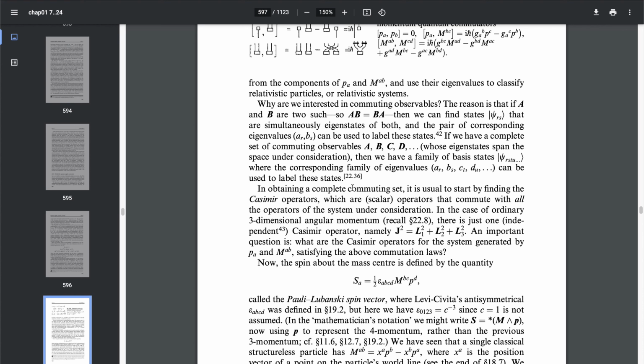Yeah, so he's talking here in the next paragraph about that. We need commuting observables, and the reason for that is that in that case we can label states with two eigenvalues here, for A and B. Yeah, so he forms a family of basis states, and they have eigenvalues for each one of these operators, but they're all the same basis.